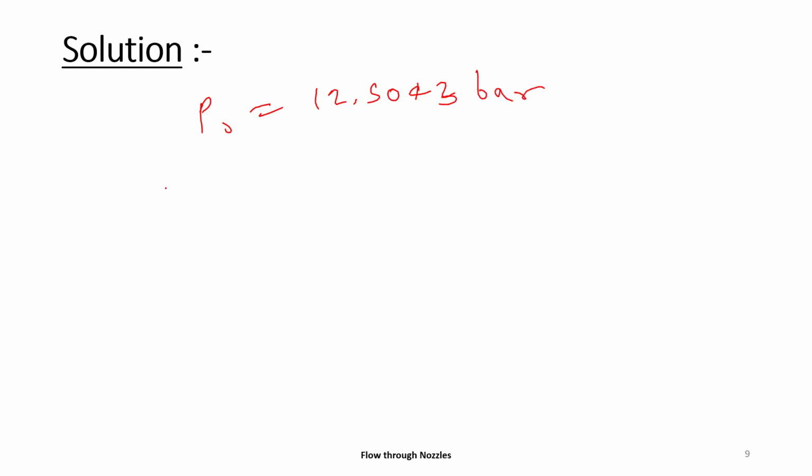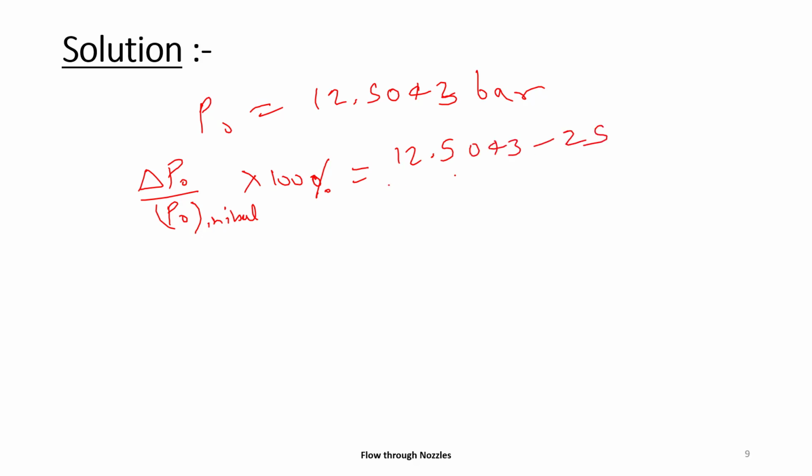So now we have to find the percentage change. This percentage change will be delta P0 upon initial P0 into 100. The final pressure is this, the initial is 25 bar.